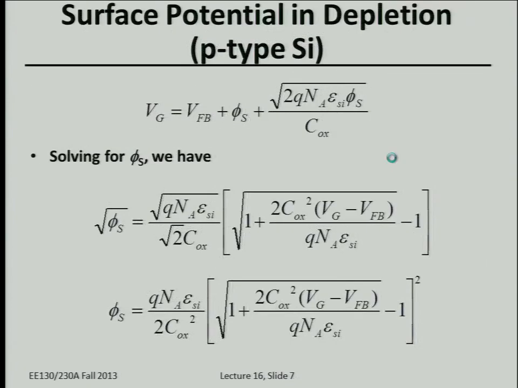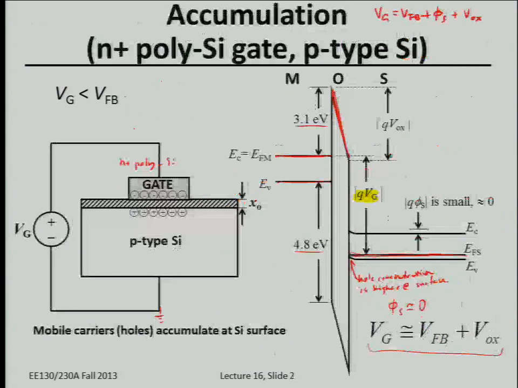So under accumulation, you can easily supply holes as needed into and out of the backside contact. When you're changing the gate voltage, holes are easily generated to provide the necessary charge on the opposite electrode. You're applying negative charge to the gate, you need some positive charge to come from somewhere, and it's easily coming from the contact.